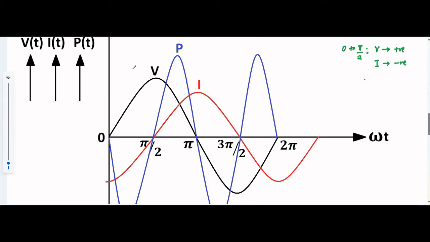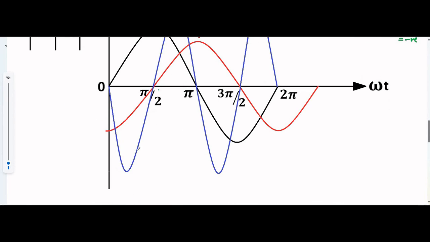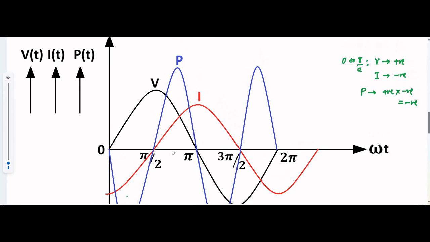So the power curve, which is the product of voltage and current, will be positive into negative, which is negative. Here this is the magnitude downwards, the blue curve, but it is in the negative direction. That's why the power curve from 0 to pi by 2 is negative in the downward direction.